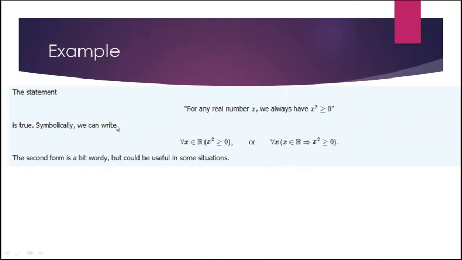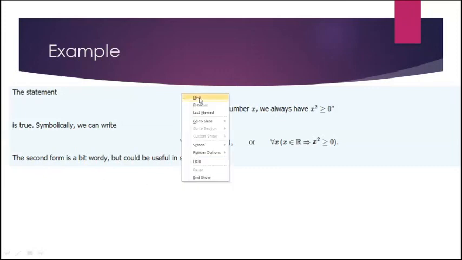Symbolically, we can write for all values of x, an element of the real numbers, such that x squared is greater than or equal to 0. Or for any value of x such that x, an element of R, the real numbers, implies x squared is greater than or equal to 0. The second form is a bit wordy but could be useful in some situations.